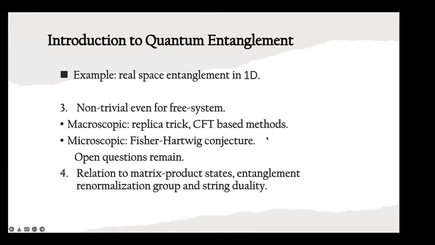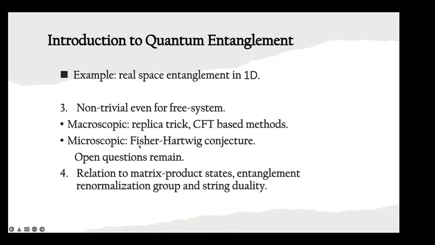Another thing you have to remember is that entanglement entropy is normally hard to calculate compared to two-point functions. I'm not going to review this, but there are some methods to compute it. For example, in macroscopic language, you can use the so-called replica trick and conformal field theory-based methods for systems with conformal symmetry.